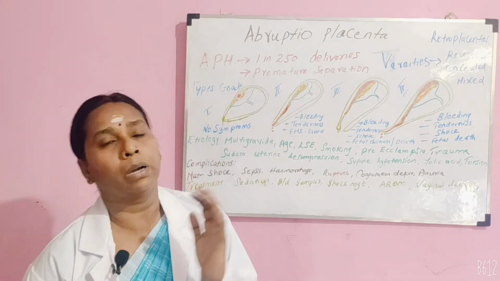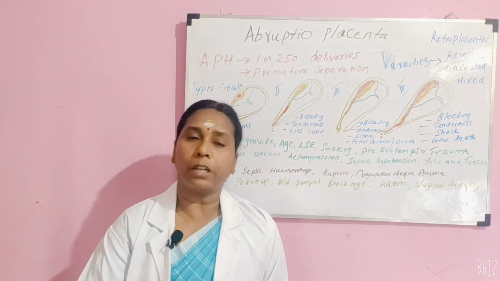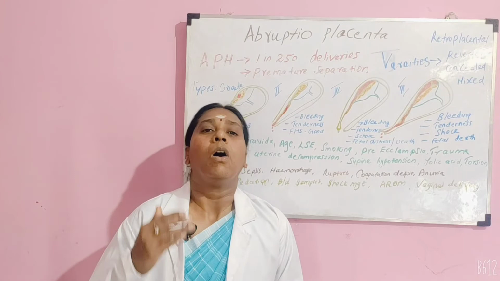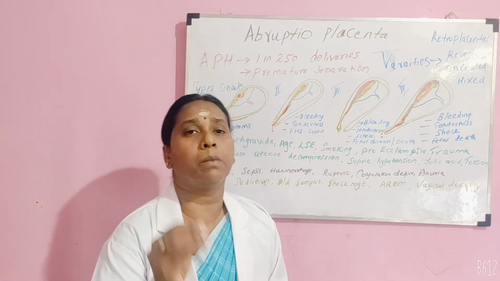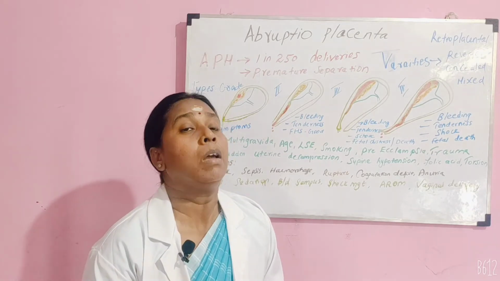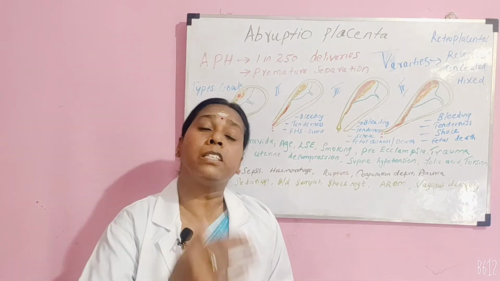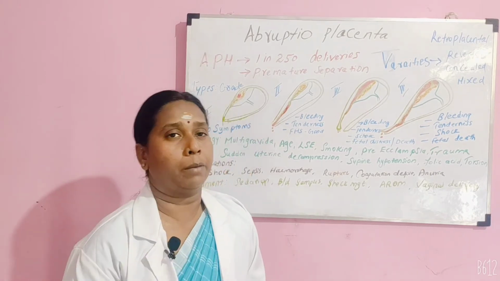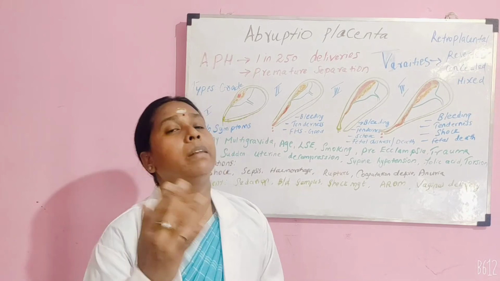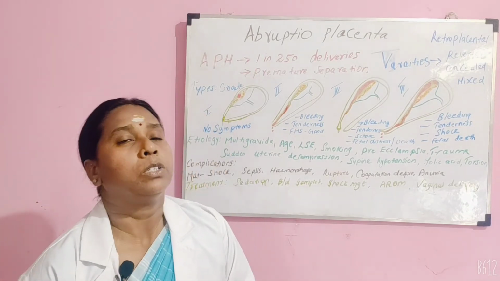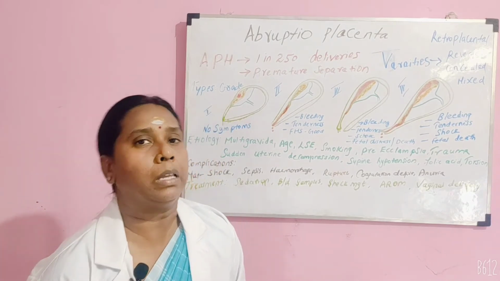For that you have to do an artificial rupture of membrane, followed by an oxytocin drip, in case the mother does not have any contraindication, so that the labor will progress. If you delay the labor progress, the fetus may go in for distress and intrauterine death can happen. So you try to conduct the labor fast and finish the labor process.